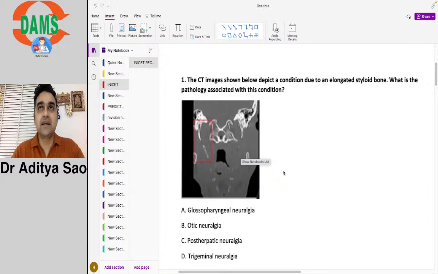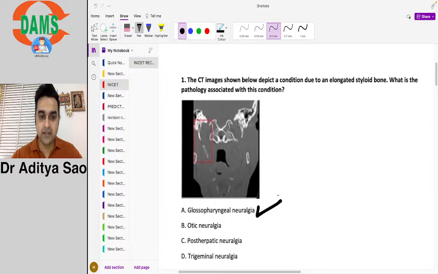They have not asked a direct question; they haven't directly asked whether it's Eagle syndrome, they've asked what pathologies can be associated with it. Option A is glossopharyngeal neuralgia, option B is otic neuralgia, option C is post-herpetic neuralgia, option D is trigeminal neuralgia. The correct answer here is glossopharyngeal neuralgia.